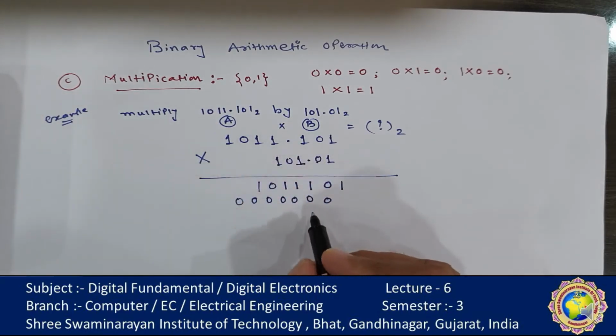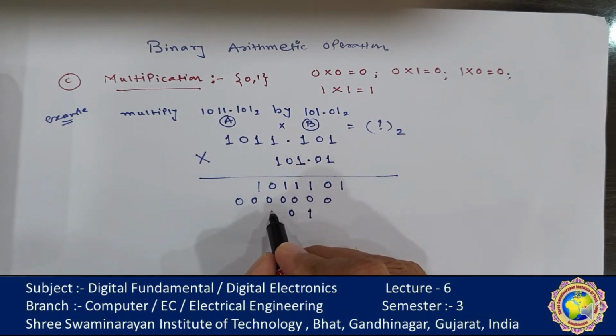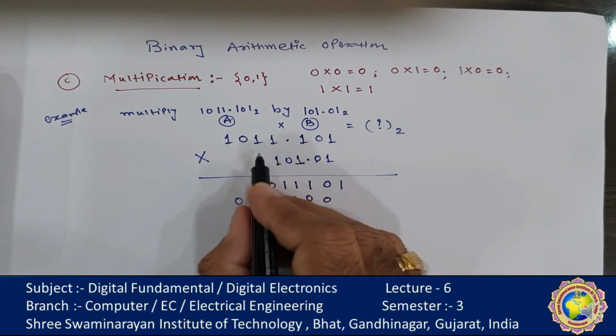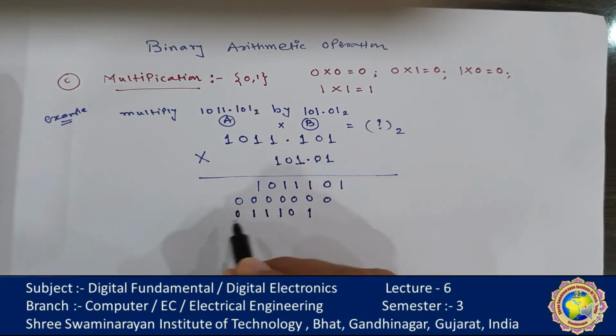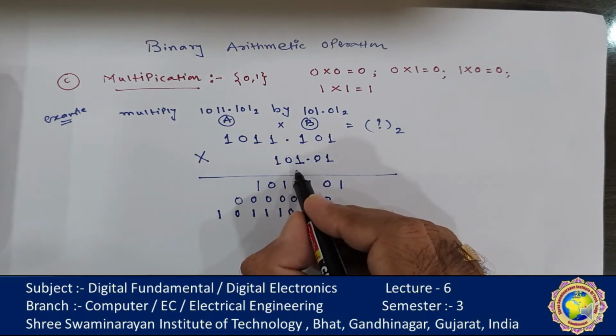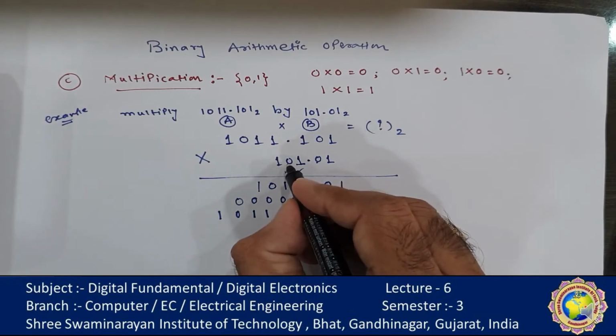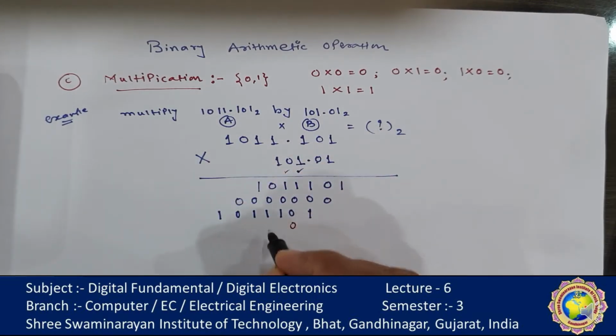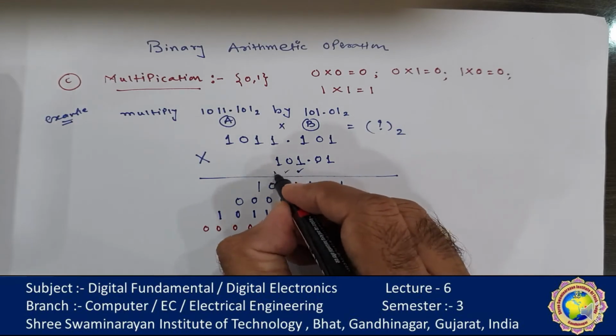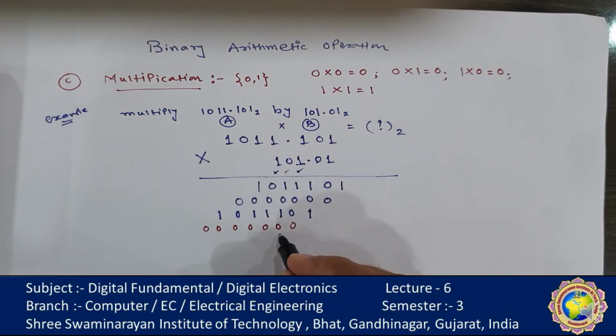So again it repeats the same, 1011101. Now for this one, 0, so all 7 bits are 0 here. Again this one, 1. So we have to shift it, 1011101.